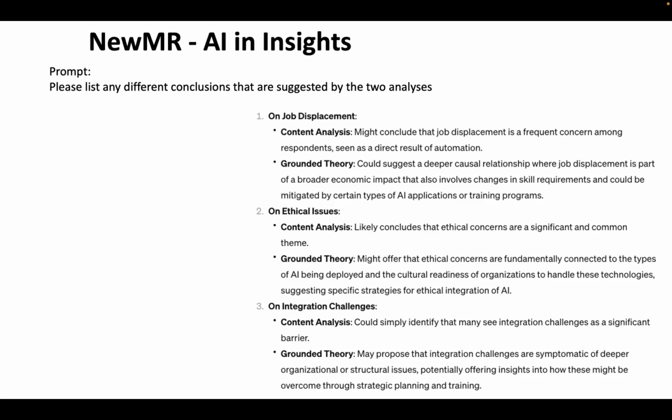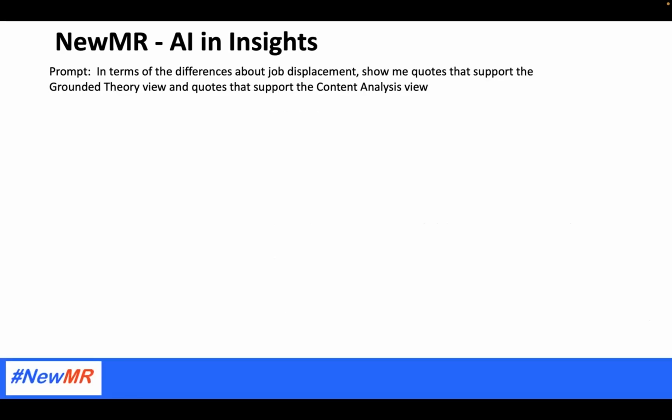And on the job displacement, for example, content analysis simply talked about job displacement, but grounded theory talked about deeper causal relationships where job displacement is part of a broad economic impact that also involves changes in skill requirements and could be mitigated by certain types of AI applications. Basically, grounded theory is getting deeper, and we can see why they're both valid and what they both bring to the picture. But this is the sort of checking that I'm doing all the time.